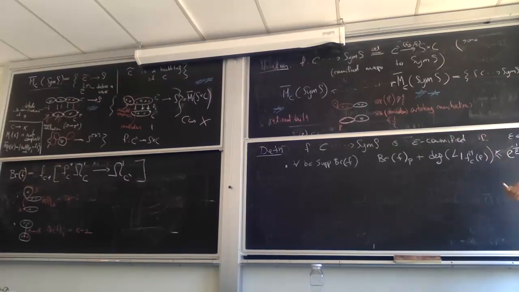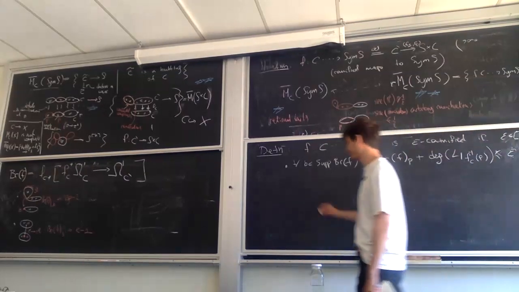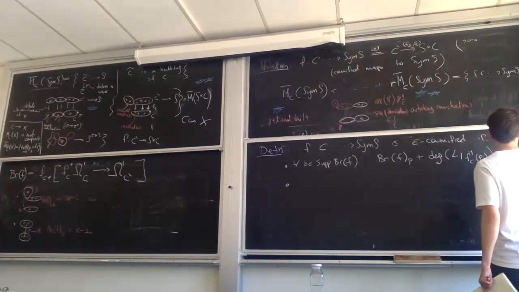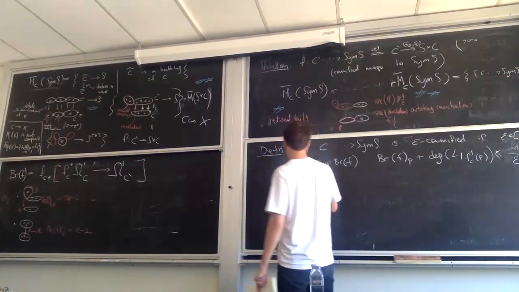At 0 it will be 1, because I allow simple ramifications. That will be confusing, so I'll take epsilon from 1 to infinity, and I'll take 1 over epsilon here. Again, it's just conventions.